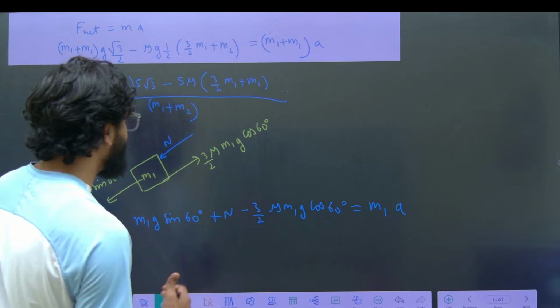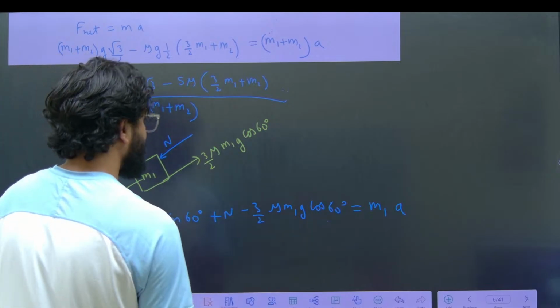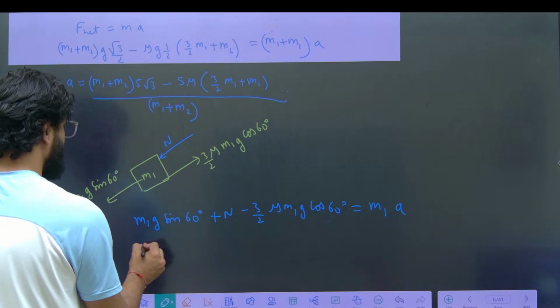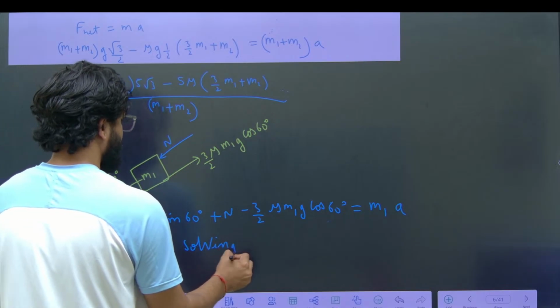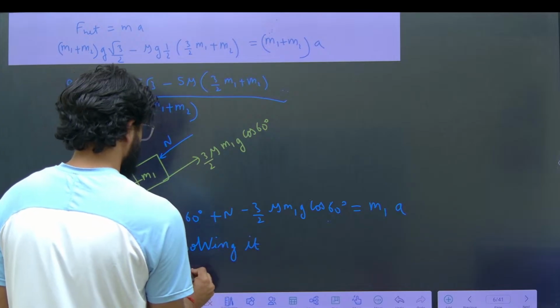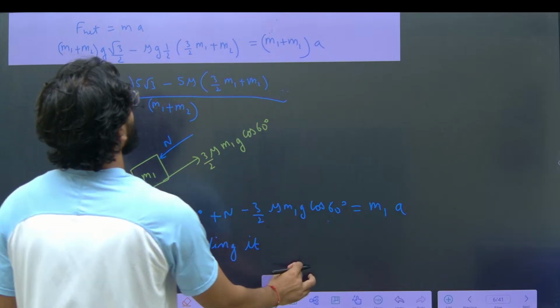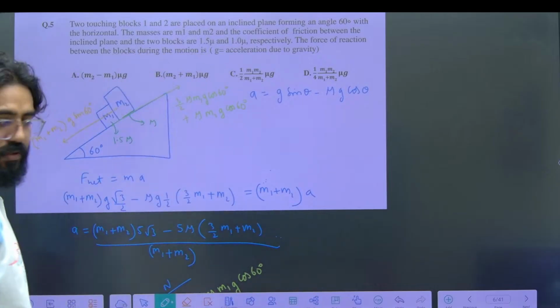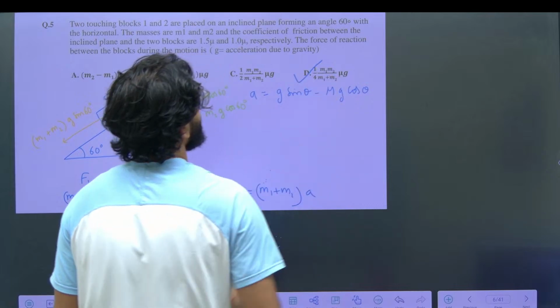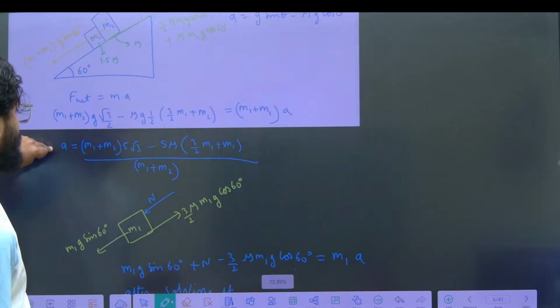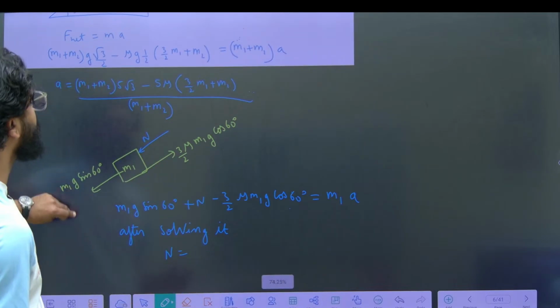So when we put the values we will get the answer. It will be little messy, right? But everything is correct over here. So after putting values, after solving it, N should come out as this. It's a little messy equation, but I hope that you will solve it, right?